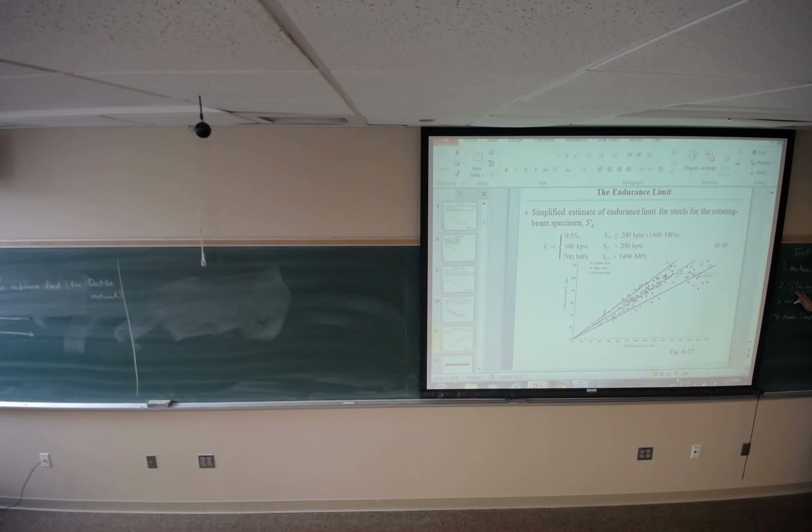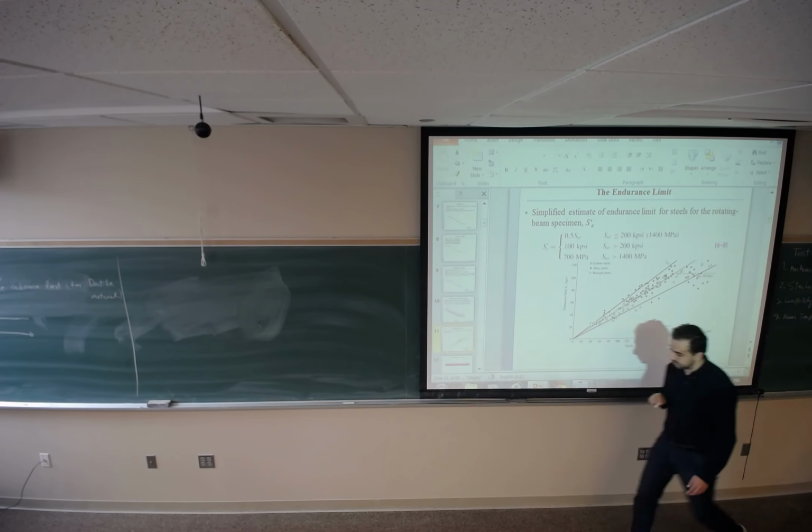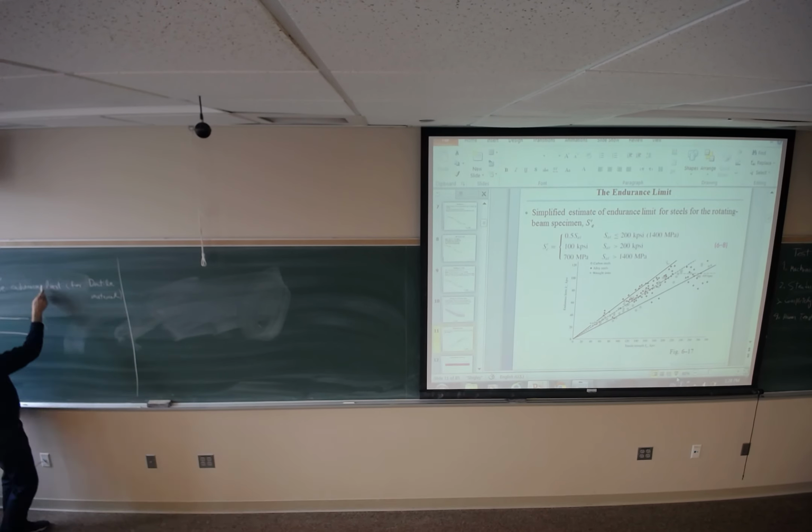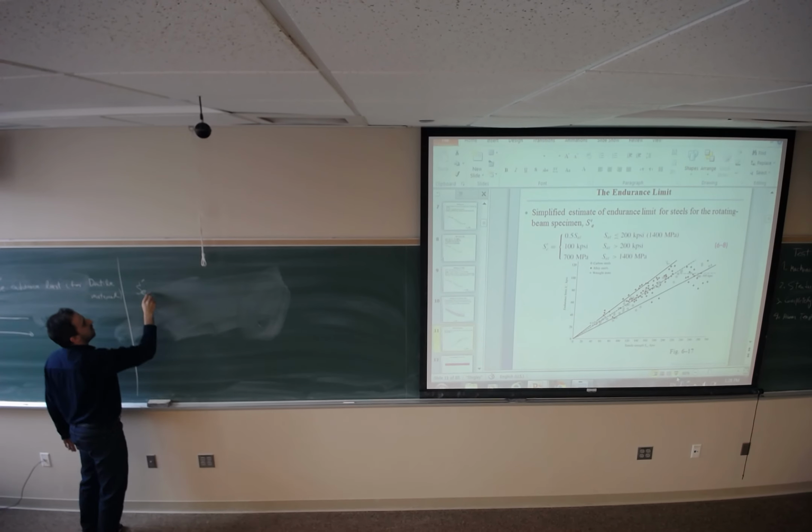It might have different dimensions, so we should modify that. And also we might have a different type of loading. Not pure bending, we might have torsion, torque, or axial load. We should consider that. Also, it might work at a different temperature. So we are going to modify S prime e if these factors are changing.